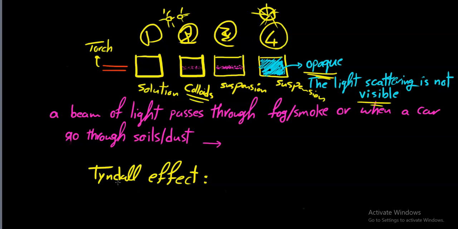A kind of Tyndall effect is when a beam of light passes through fog or smoke, or when a car goes through dust or soil at night with the headlights on, and you can see the passage of light is completely visible. This is a kind of Tyndall effect.